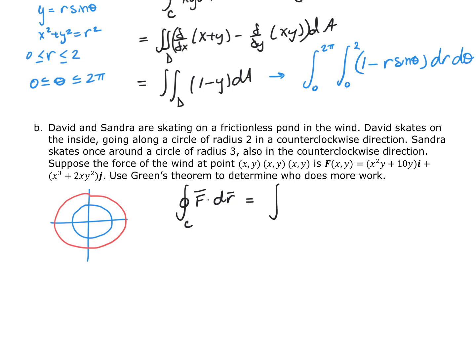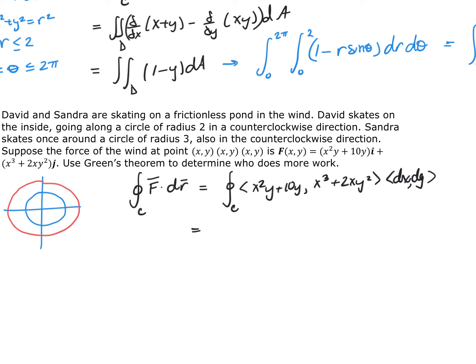And this is going to be equal to the circulation along the curve C of the vector (x squared y plus 10y, x cubed plus 2xy squared) dotted with (dx, dy), which gives me the circulation across the curve C of (x squared y plus 10y) dx plus (x cubed plus 2xy squared) dy.